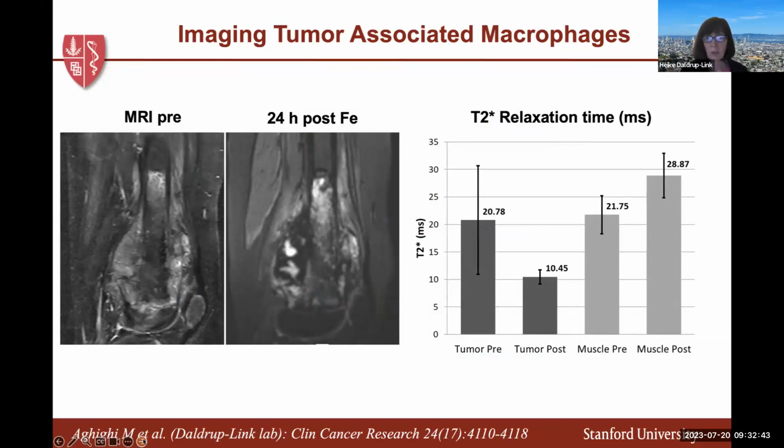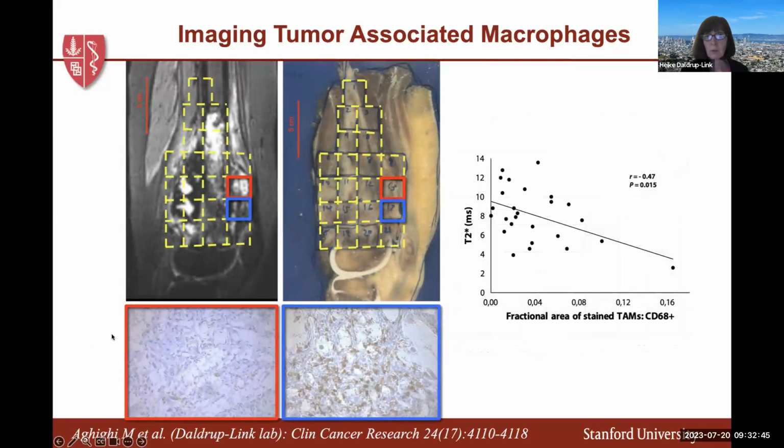These tumors are resected, and that allowed us to put a grid on the explanted specimen, and we compared the quantity of macrophages and iron stains for tumor areas that showed very little nanoparticle enhancement and tumor areas that showed marked nanoparticle enhancement.